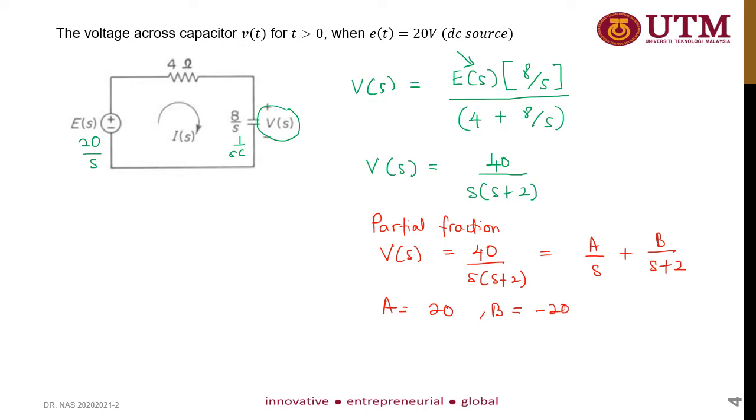Finally you need again to perform the inverse Laplace transform to get v(t). Okay, so v(t) is supposed to be 20 minus 20 e to the minus 2t, and don't forget the unit in volt.